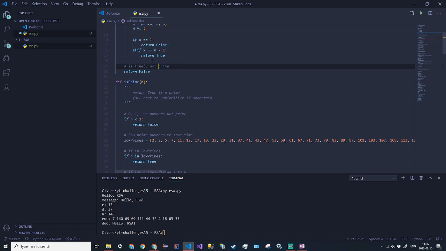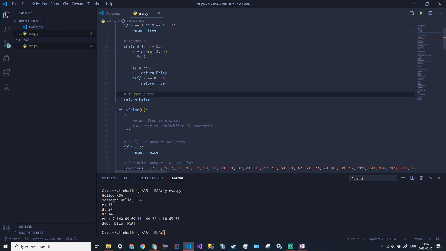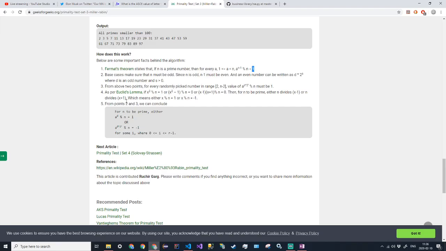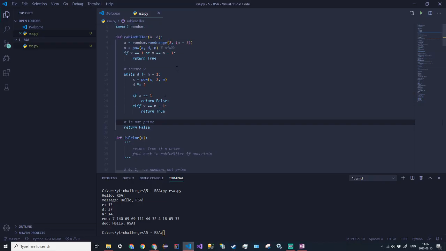Oh, it's not. Oh, no, we know it's not prime. I'm sorry. Because, once again, if you're using Fermat's theorem, we know that if it doesn't satisfy this condition here, so a to the n minus 1 is not equal to n minus 1, then it doesn't really work out.